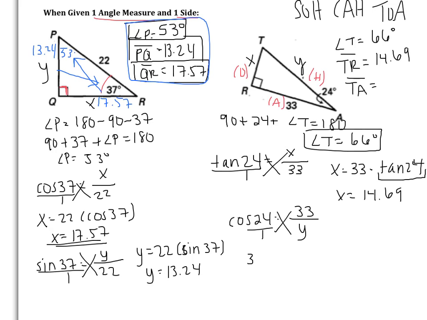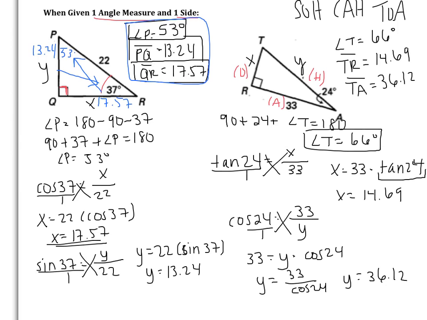This time I get 33 equals y multiplied by the cosine of 24. Now, I want to know what y is. I'm going to have to divide by the cosine of 24. So here I get y is 33 over cosine of 24. So I get y to be 36.12. In this case, TA is 36.12.